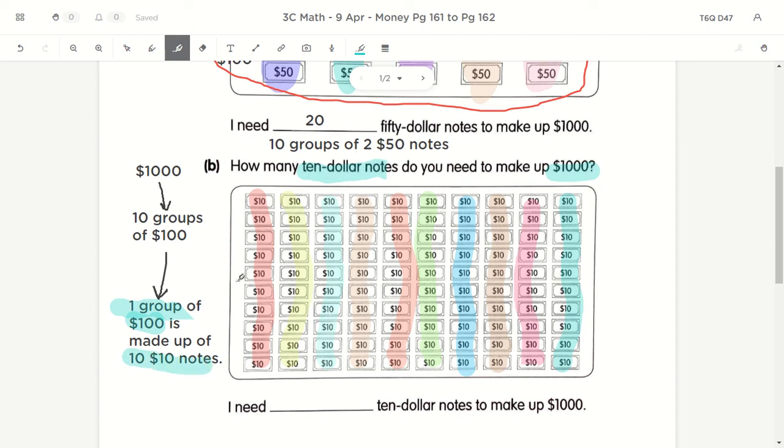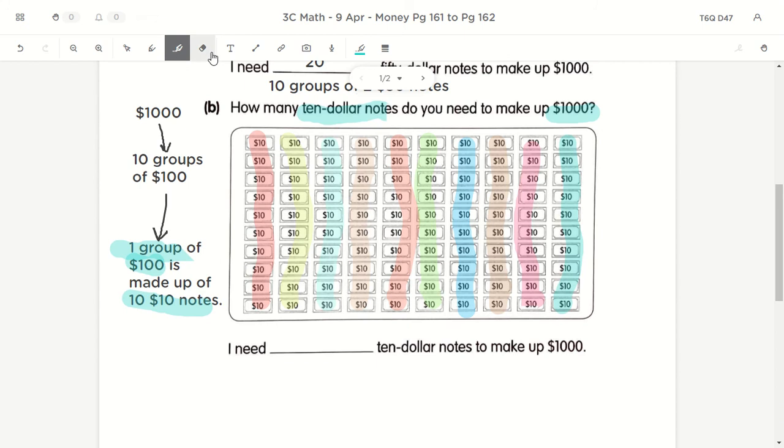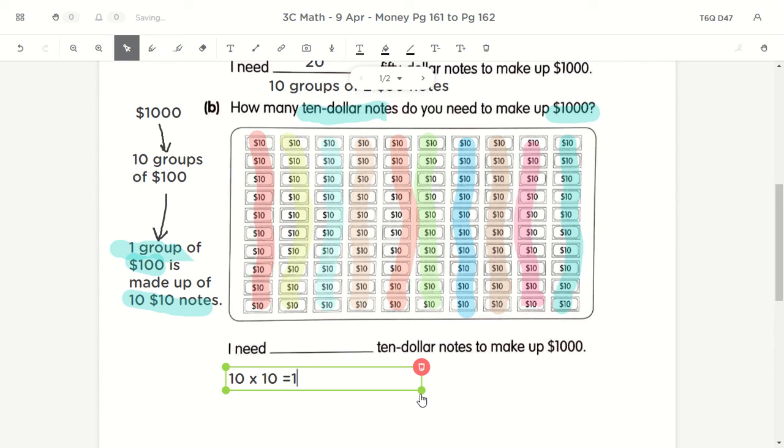If you look at each group of 100, you have 10 $10 notes. So what is happening is in $1,000 there are 10 groups of 100, and in each group of 100 there are 10 $10 notes. So if you multiply them together, you will get 100, which is the answer.